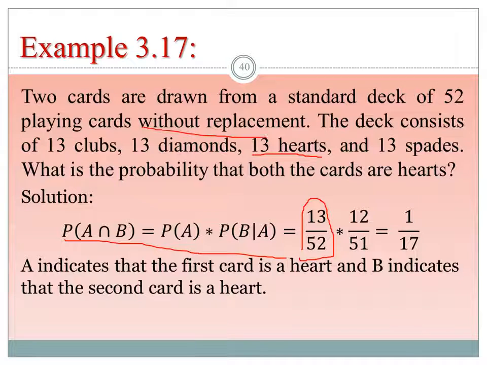This is without replacement, so after the first event occurred, we have a total of 51 cards, and since we already selected one heart, we have 12 hearts remaining. So that probability is 12 divided by 51. So the answer should be equal to 1 over 17. Okay, so this is one example of multiplication rule application.